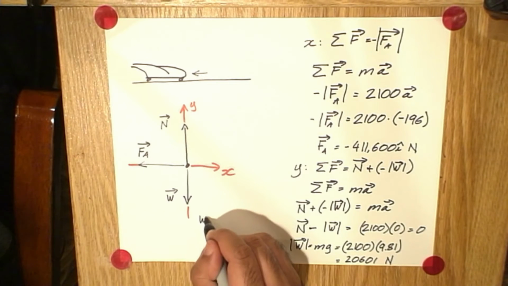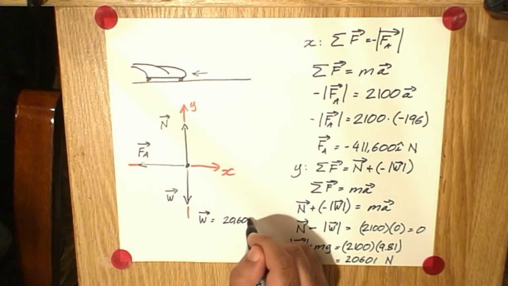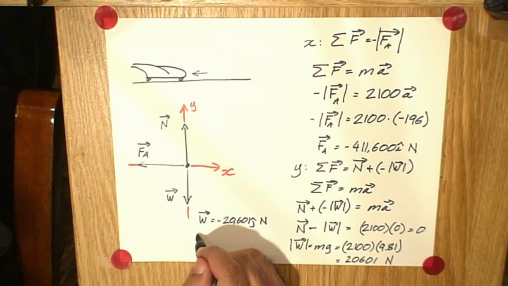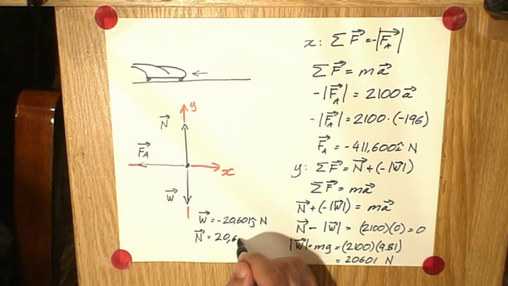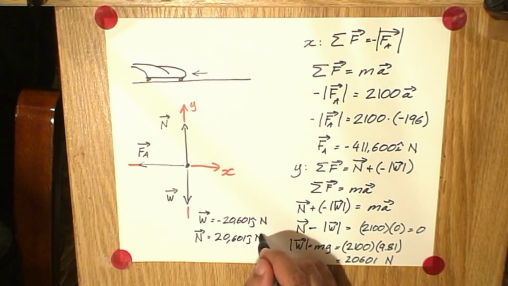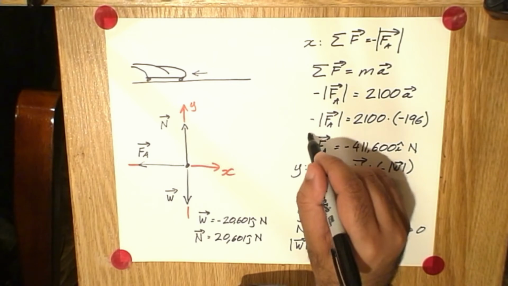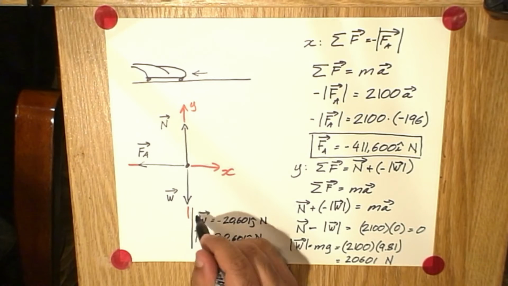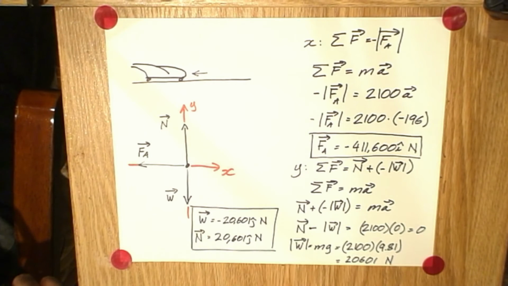The weight force should correctly be written as 20,601, in the negative j hat direction. And the normal force must exactly balance that out to provide that acceleration of 0. So, although the question didn't ask for it, we have now solved for the force applied, that was the thing they were actually asking for, but also for the two other forces which this spacecraft is experiencing.